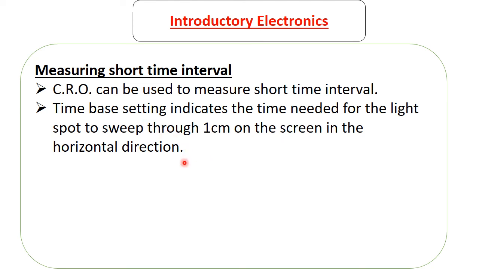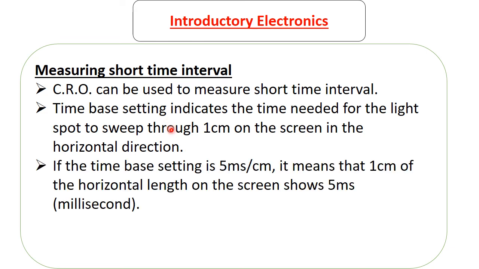For voltage, it's up and down. Again, just to add more light, if the time-base setting is 5 milliseconds per centimeter, it means that 1 centimeter of horizontal length on the screen shows 5 milliseconds. So 1 centimeter will be equal to 5 milliseconds.